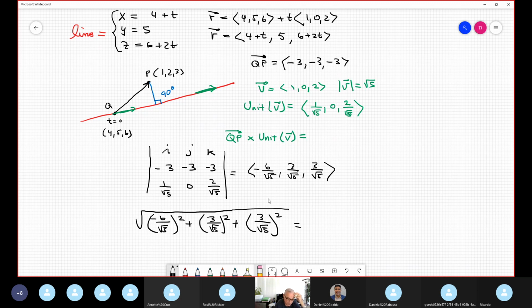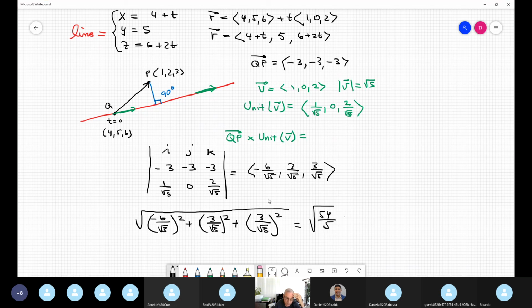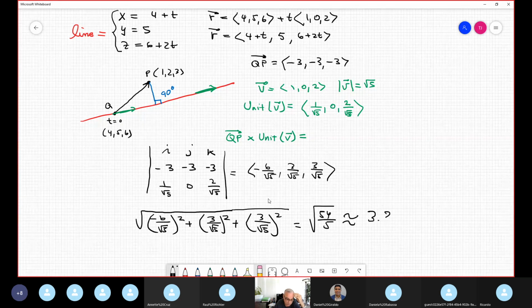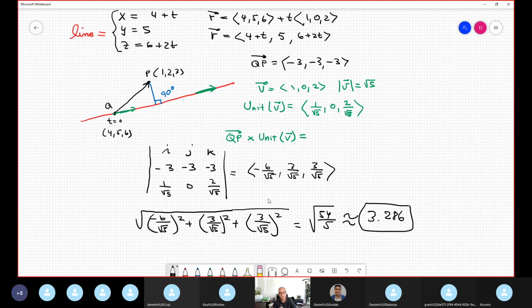This is 36 over 5, this is 9 over 5, this is 9 over 5. When you put everything together, it's 54 over 5, approximately 3.286 as a decimal approximation. Boom. Done. This is the shortest distance between the point and the given line.